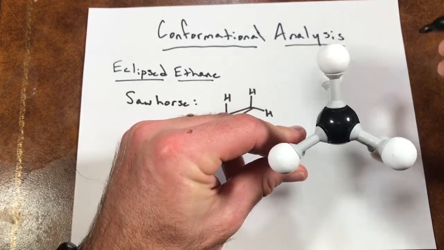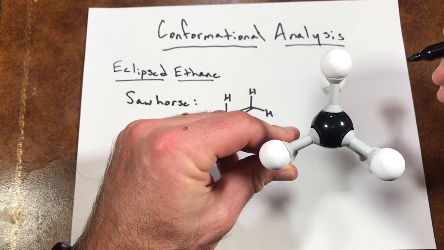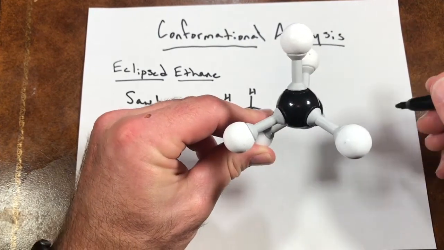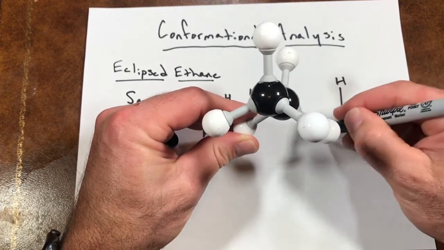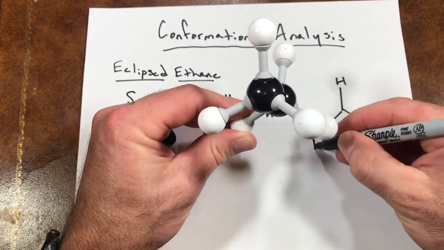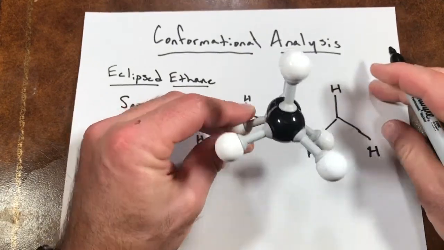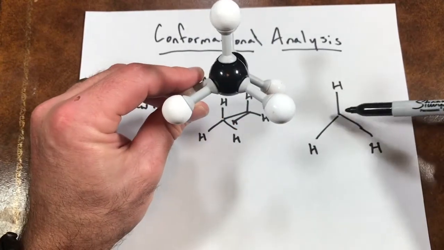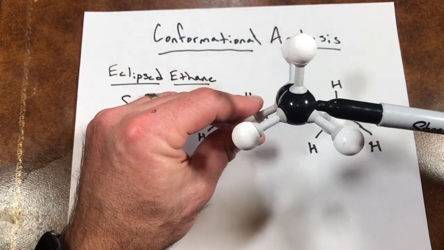First of all, you'll notice that I'm holding the model kit, sighting along what's called the C1, C2 bond. All I'm going to do is draw the orientations of my hydrogens like so, and this carbon right here is going to correspond to that very front carbon.